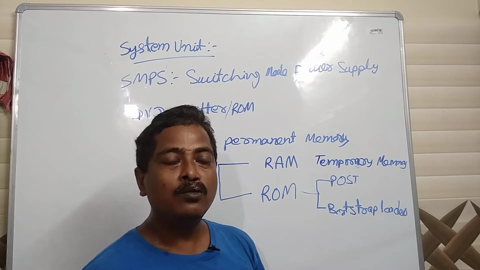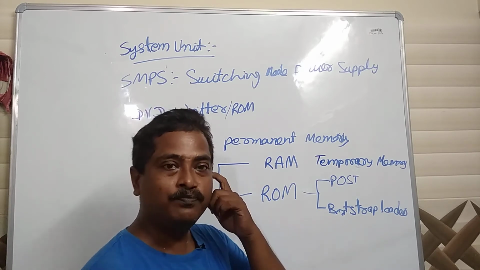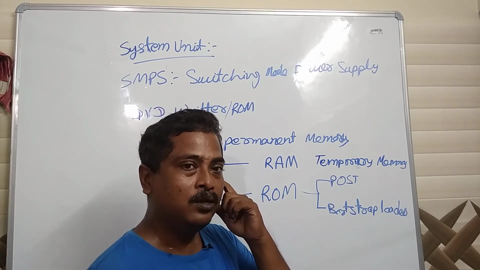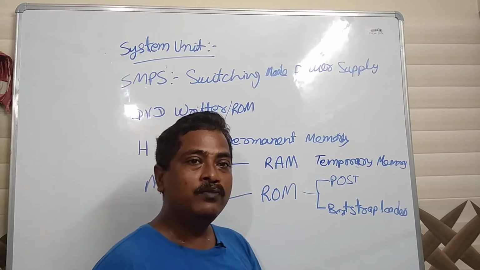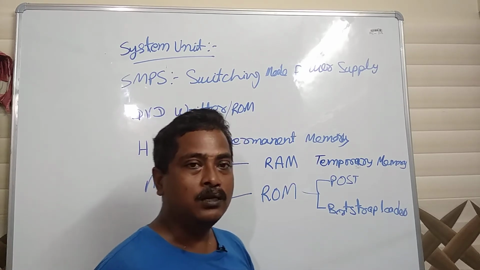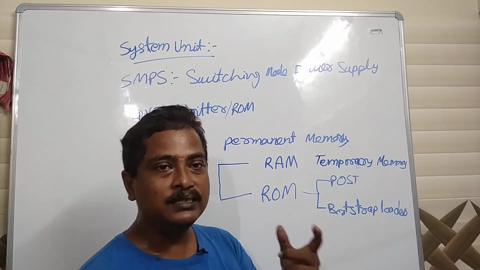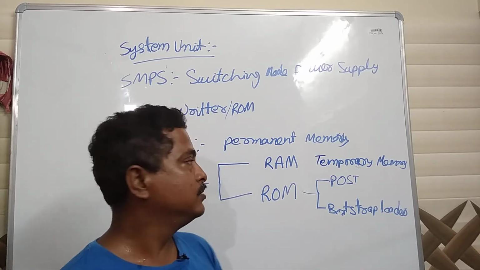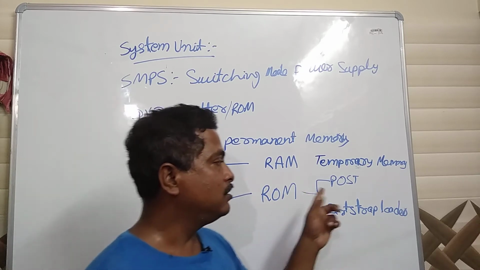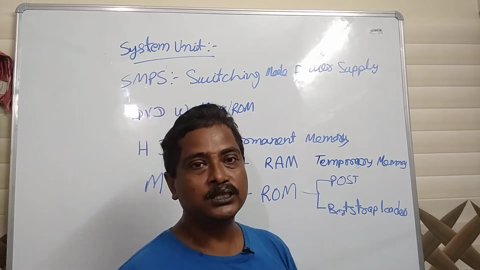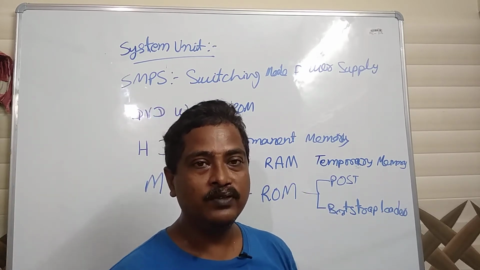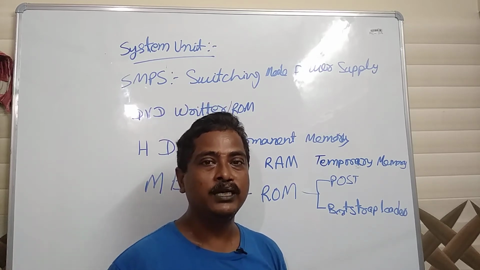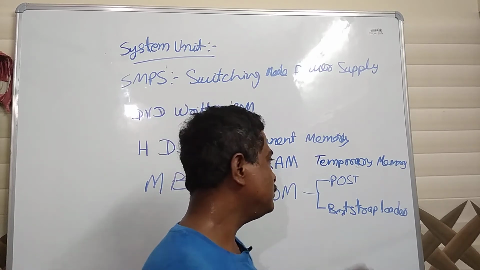Sometimes you might have got an error message: Press F1 to continue. What we are doing blindly is pressing F1 and continuing. If you see the message, there must be a hardware problem. So that is the task of POST. Just after switching on, it will check all the peripherals. If any hardware is not working properly, it will give you a message.